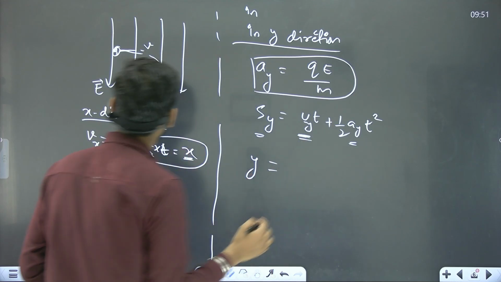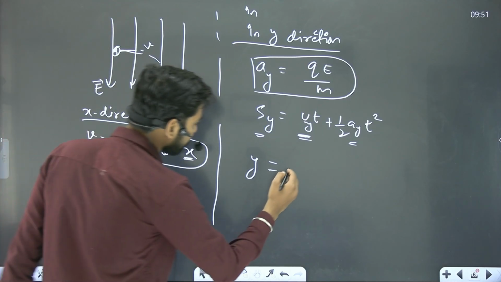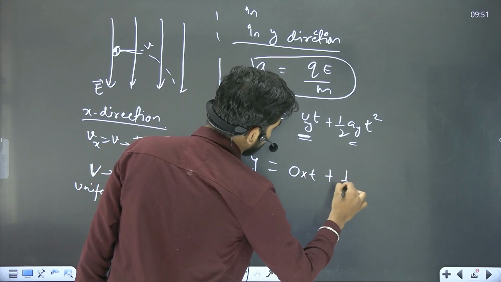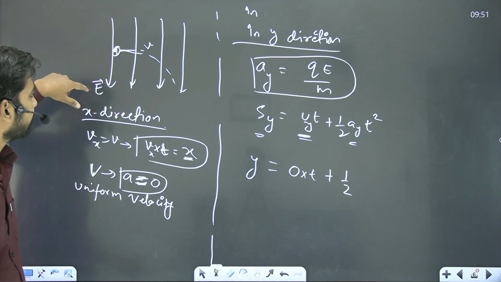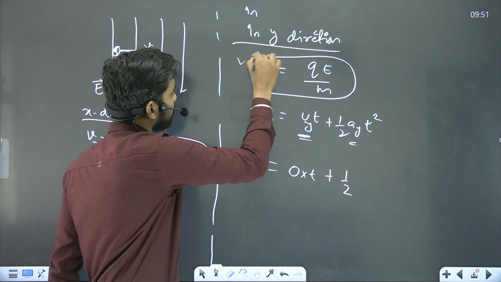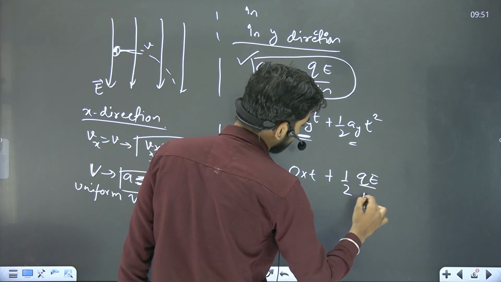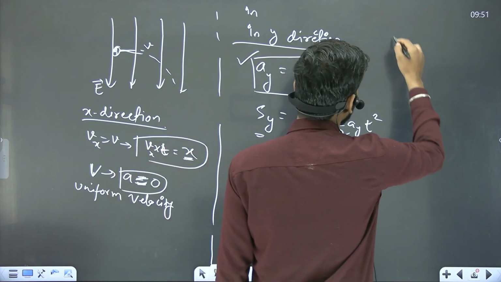So uy, how much is uy? uy is the initial velocity in the y direction, and the initial velocity was 0. So how much is the acceleration? Sir, acceleration in the y direction will be qE by m. We have found it now.